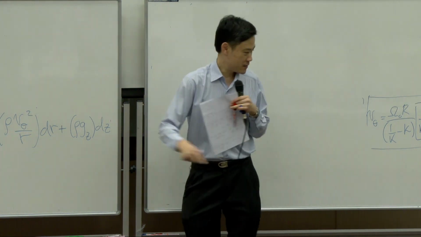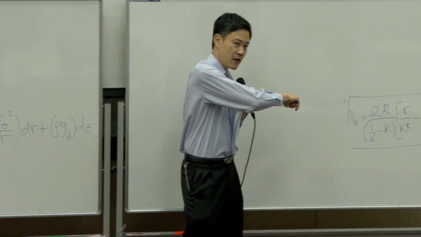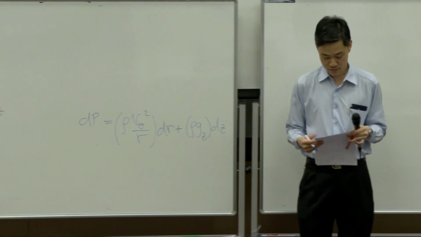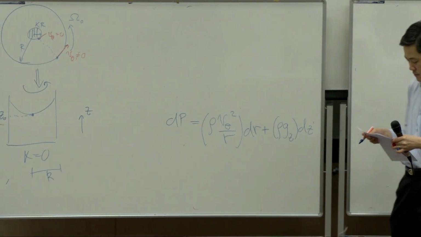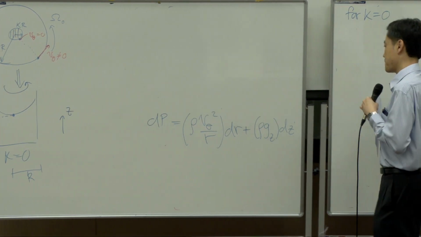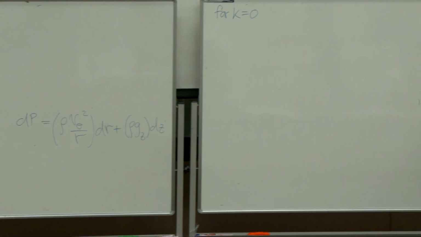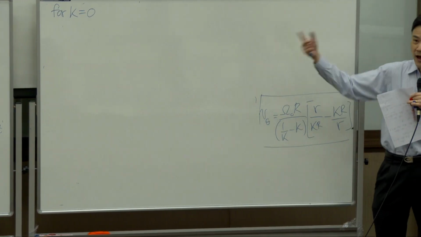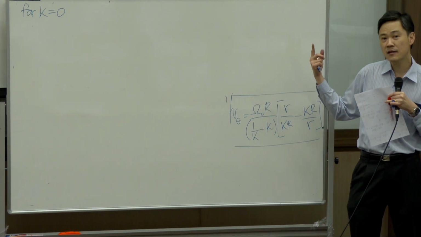Can I use the equation that we derived earlier for that example? For K equal to 0, can I use this equation right away? Do we need to derive the whole thing all over again?